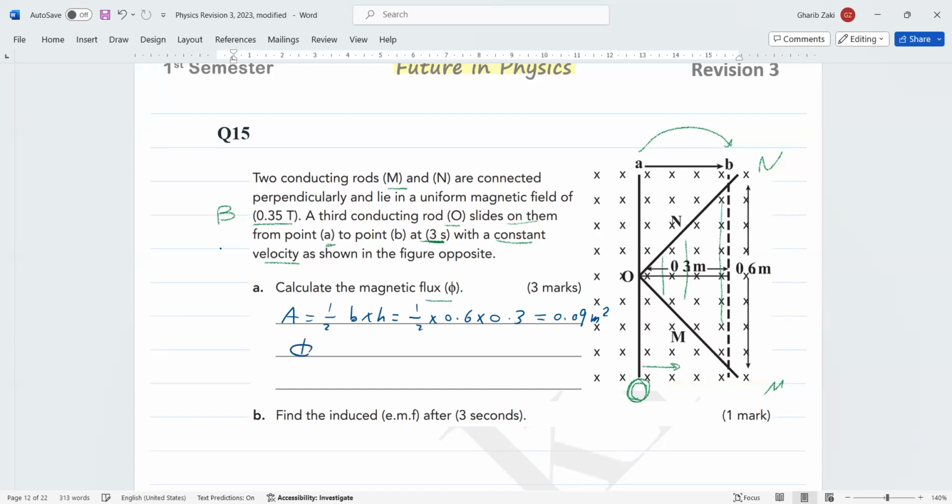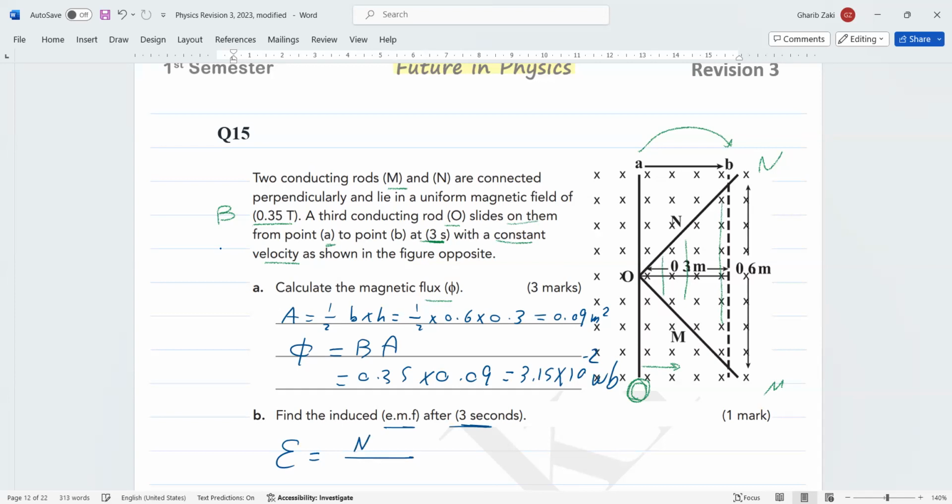What about phi? Phi equals B times A. B is given, which is 0.35. The area that we calculated is 0.09. So the area multiplied by 0.35. The answer is 3.15 times 10 to the power negative 2 Weber. Remember, the unit is Weber. Find the EMF induced after 3 seconds. Oh, EMF induced equals what? It is one coil, but we write the formula.